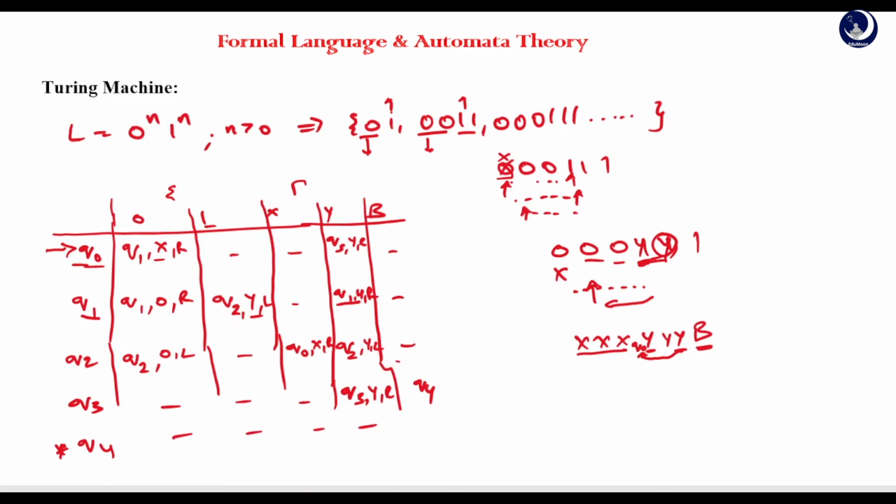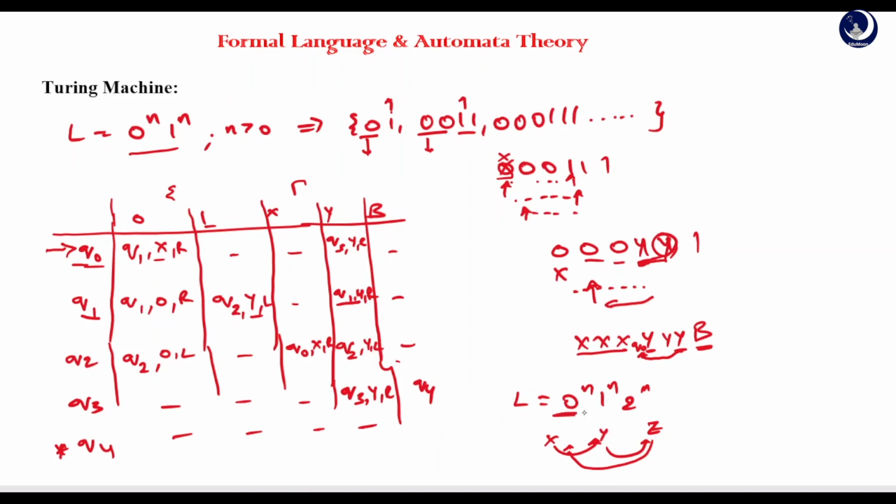So this is how we design a Turing machine using the tape symbols for accepting the language 0 power n, 1 power n. For example, if the machine is given for some language 0 power n, 1 power n and 2 power n, here also we follow the same logic: mark the 0 as x, check for the 1 and mark it as y, check for the 2 and mark it as z, and come back to the initial position checking for the availability of zeros.